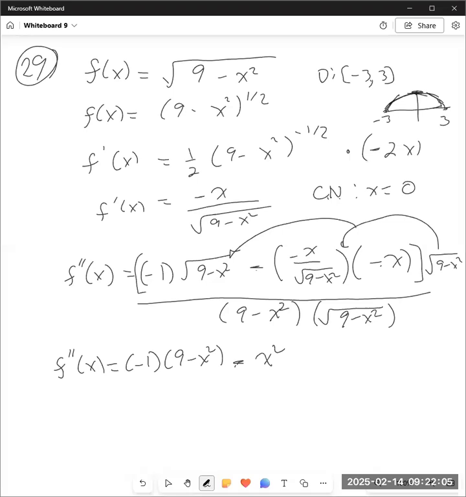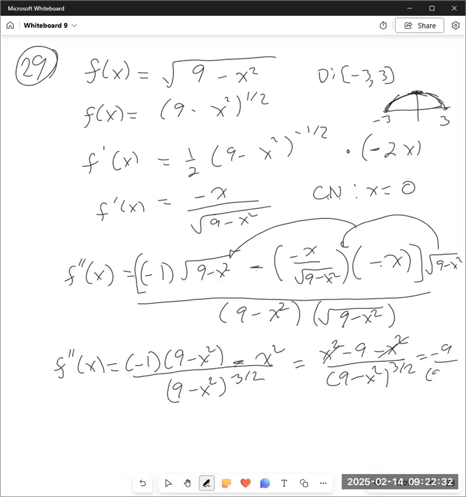And all that is over 9 minus x squared to the 1½ is 3/2 power. So this is a -x squared minus 9 minus x squared over 9 minus x squared to the 3/2 power, which is a -9 over 9 minus x squared to the 3/2.